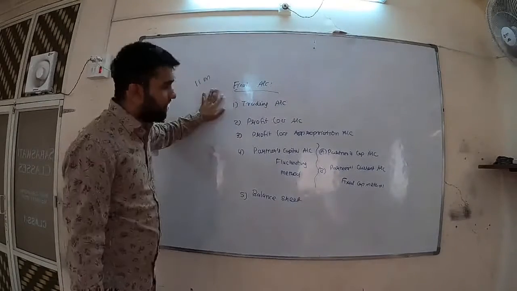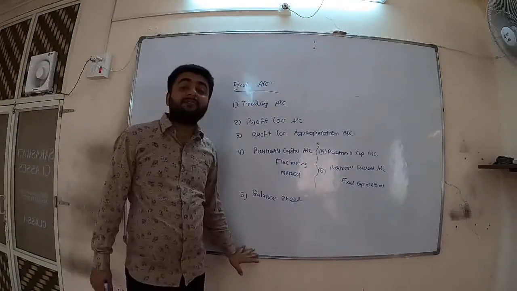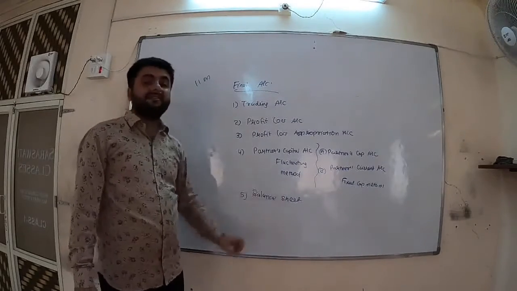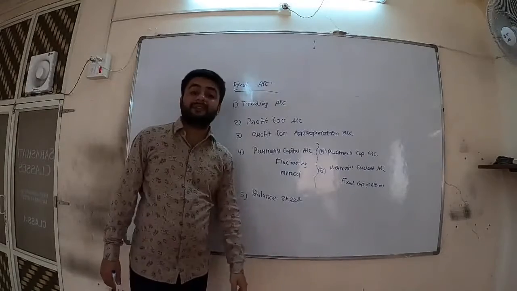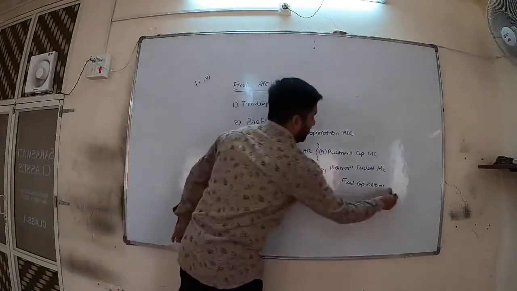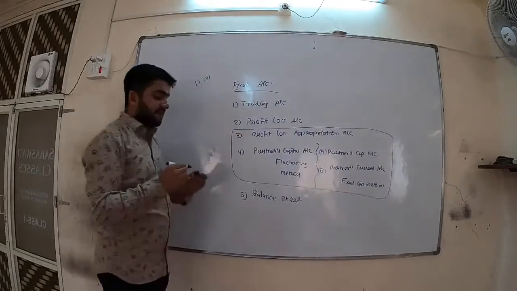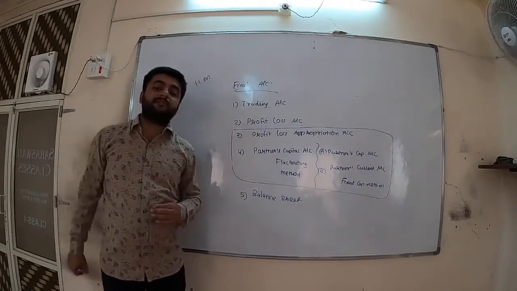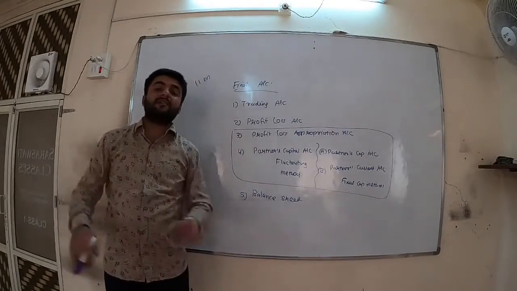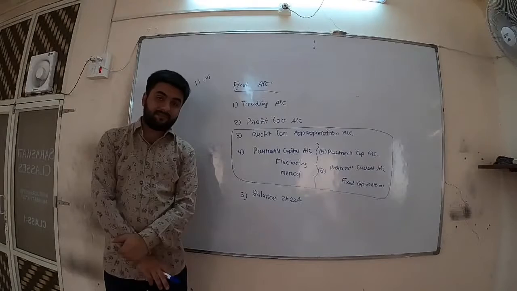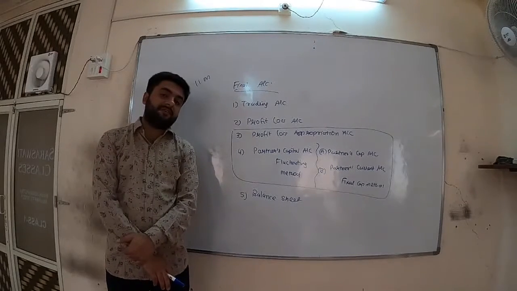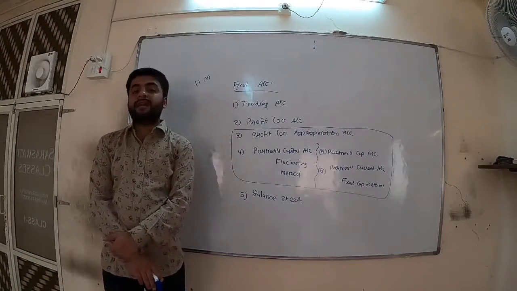For final accounts we have 5 or 6 accounts: 5 accounts with one method, 6 accounts with the other. In this chapter we will learn these extra accounts. What are these extra accounts and which things are included? Then in the second chapter we have all the 6 accounts for the final accounts of partnership. This account is a little bit tough for everyone if you are not attending.